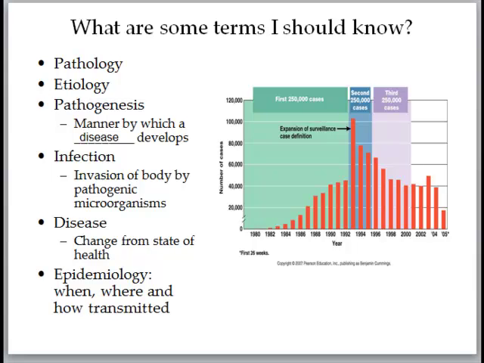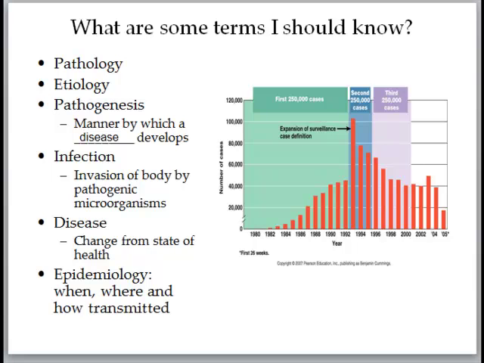Infection is mainly the effect of the invasion of a pathogenic organism. Remember, pathogens are your disease-causing organisms. So when there's an invasion, or colonies of these organisms develop within the tissues, that's called an infection. Disease will follow infection, that is, the infection may result in a change of state from healthy to unhealthy.